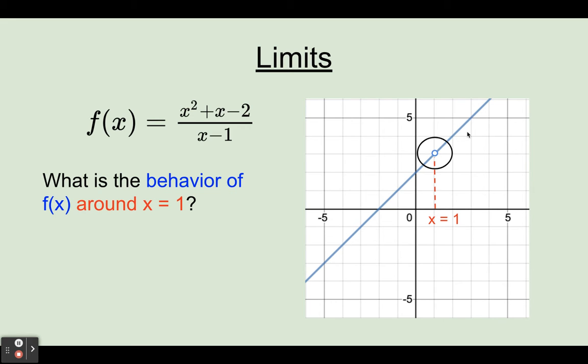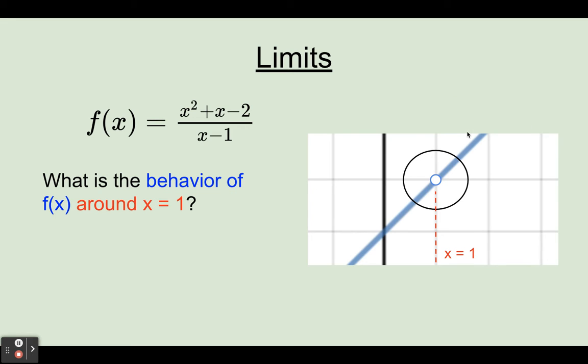I'm going to zoom in a little bit. You can tell right away if you just look inside the circle, the function acts linear. In fact, around 1 it's going to act like a certain point. If I pick an x over here, that would be this y value. If I pick an x here, that would be this y value.